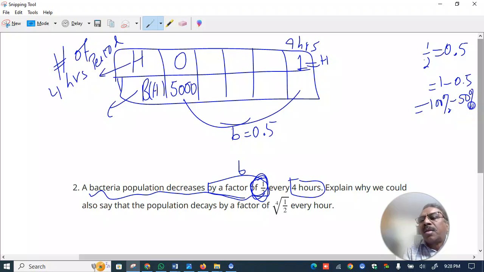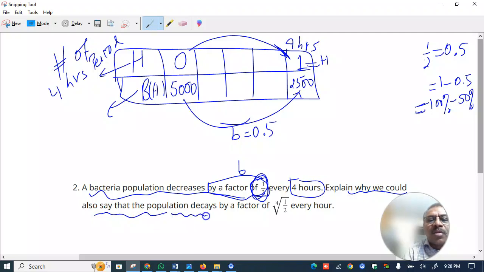That means 50% stays and 50% decays. So this 5,000 now will become 2,500, half of it. So this is for every 4 hours. The question is asking us to explain why we could also say that the population decays by a factor. What does this mean to you? Now, if you see the table, the visuals are very clear.